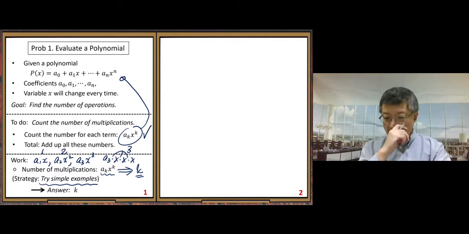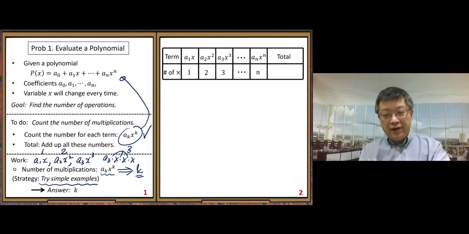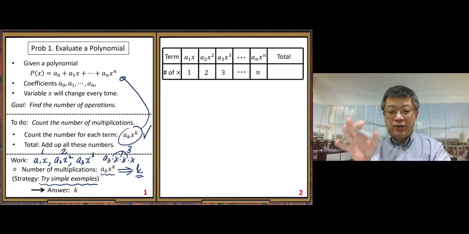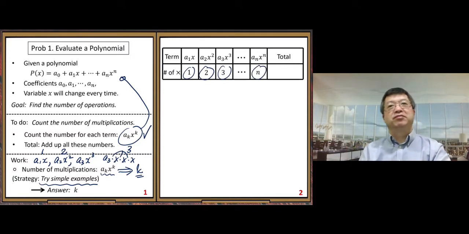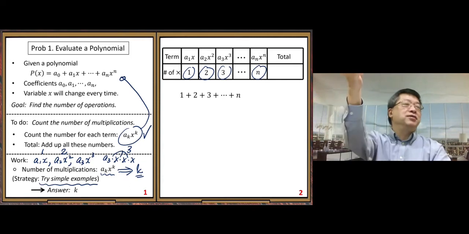With this answer, we can put things together. So all the terms require multiplications. We put here the first term 1, second term 2, 3, and so on. The last term n multiplications. So we add up all these n numbers. What's the answer?